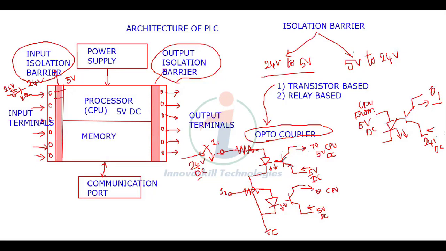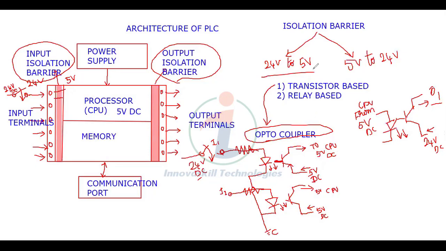So suddenly, unknowingly, instead of 24 volt, I have given 230 volt. What will happen? Here directly this LED only will be getting damaged. It will not pass through this and it will not affect the processor.